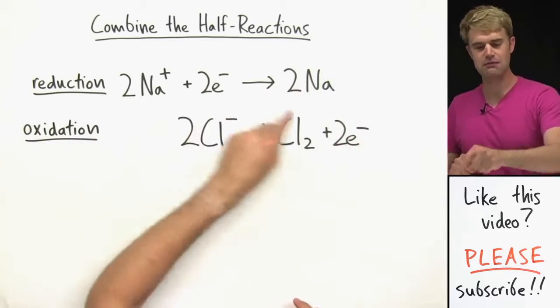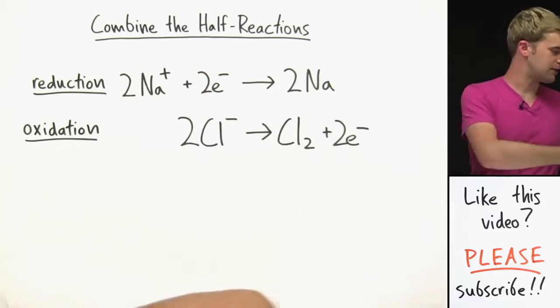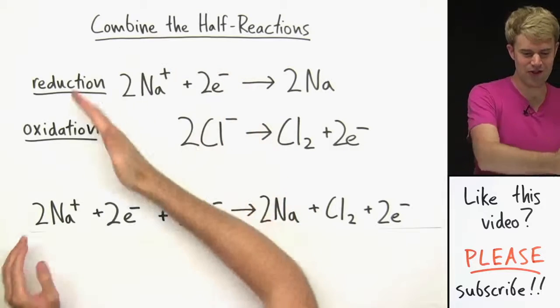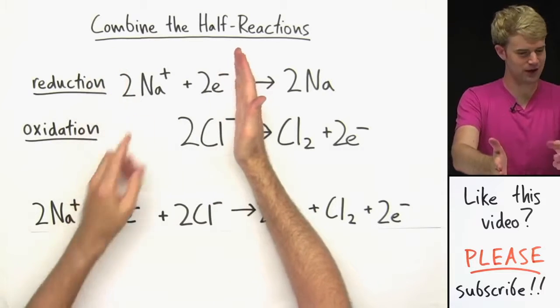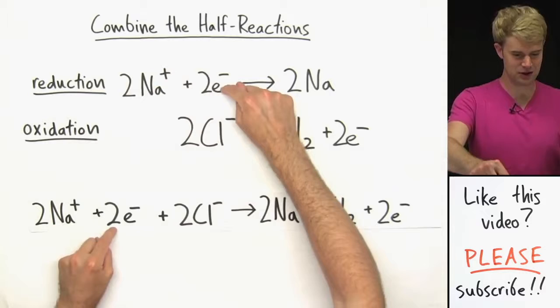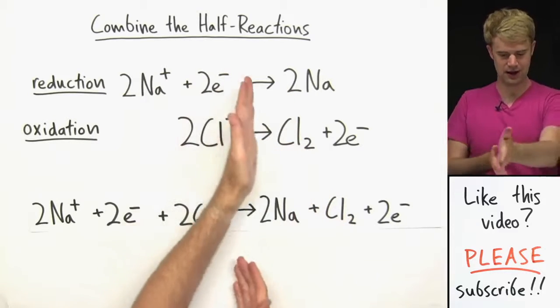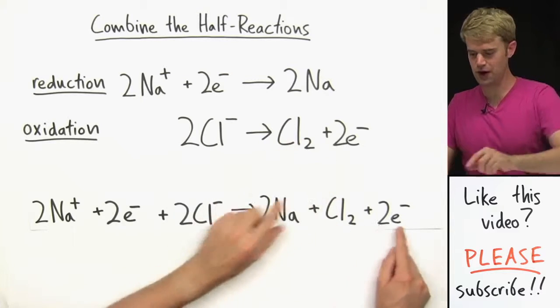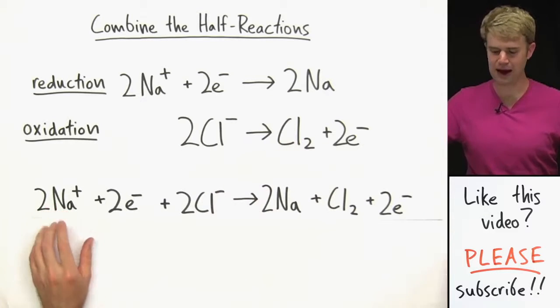Now that they have the same number of electrons, I can add them together. And this is what I get. I take everything on this side of the arrow and put it on one side. I have my 2 Na+, my 2 electrons, and my 2 Cl- on this side. And then on this side, I have my 2 Na, my Cl2, and my 2 e-.